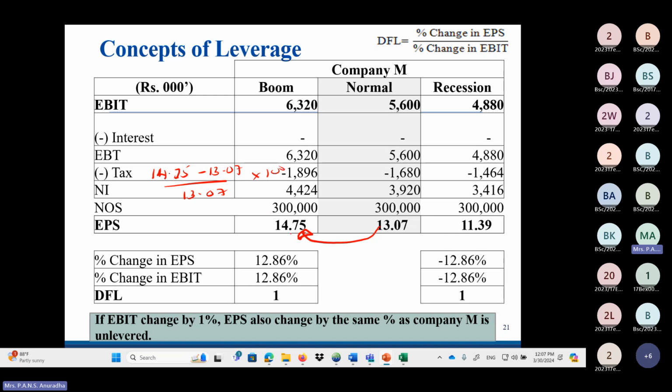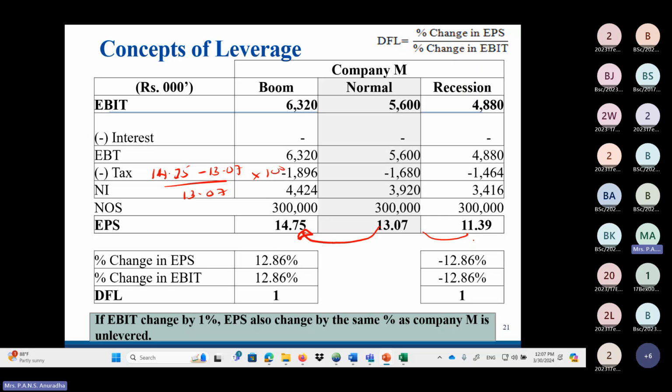So this is the percentage change in earning per share here. Here also in the same way, 11.39 minus 13.07 divided by 13.07. Current minus previous divided by previous into 100. So then you will get this percentage change in earning per share 12.86.